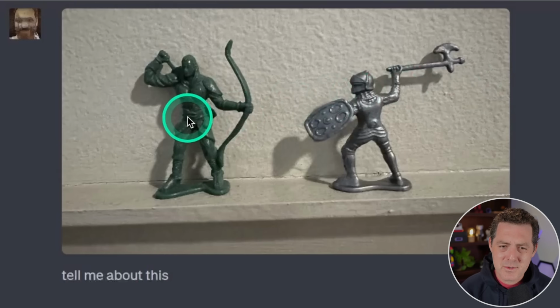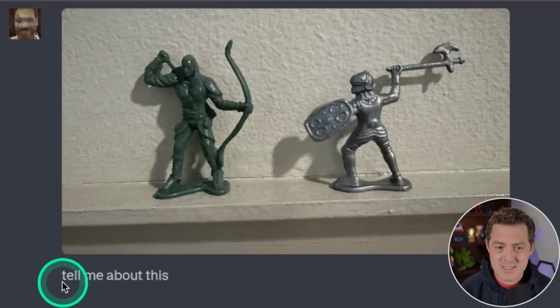All right, next we have 2 toy soldiers. And that's it, just a picture of them. And he says, tell me about this. So ChatGPT says, these appear to be small figurines or toy soldiers. They're often made from plastic or metal and can represent various characters or themes. On the left, you have a green figurine that seems to be an archer. Yeah, that looks correct. This figure is poised with a bow ready to shoot an arrow.